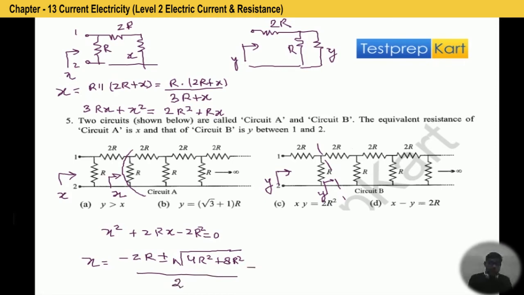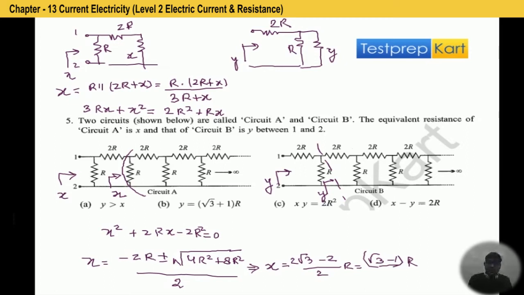So from here we'll get X equals, this is 8R square, so we can take 4R square common, so this is 2R root 3. So from here we'll get root 3 minus 2 upon 2, into R, that is root 3 minus 1 into R, the value of X.